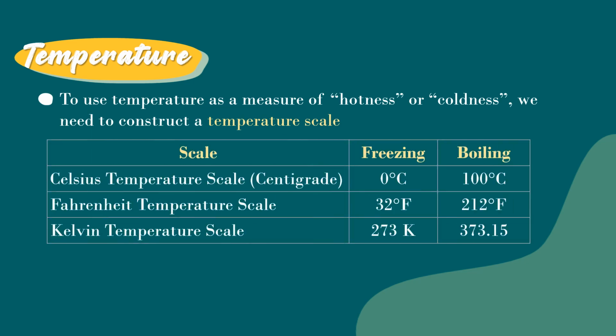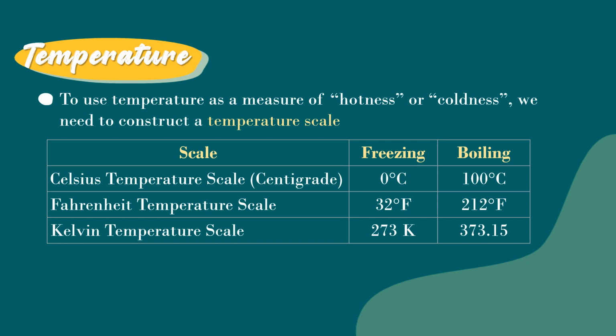Now we have three common temperature scales. We have the Celsius temperature scale, known before as centigrade, the Fahrenheit temperature scale, and the Kelvin temperature scale. Now these three temperature scales have different freezing and boiling points.